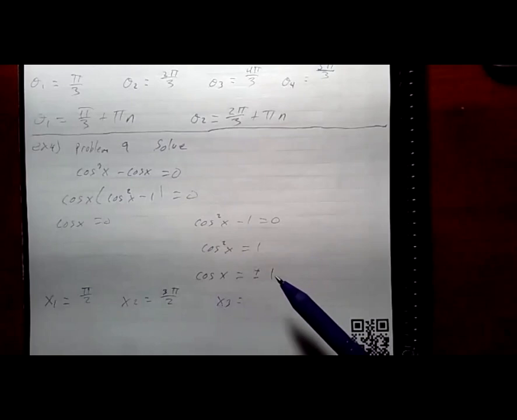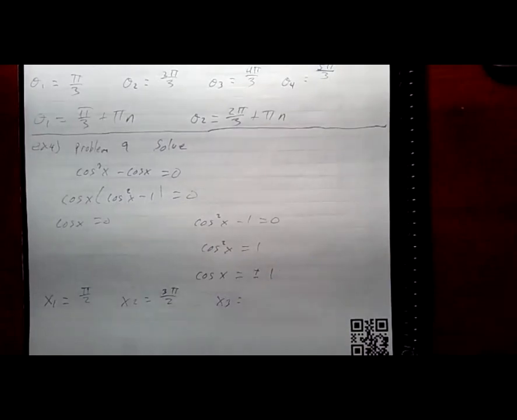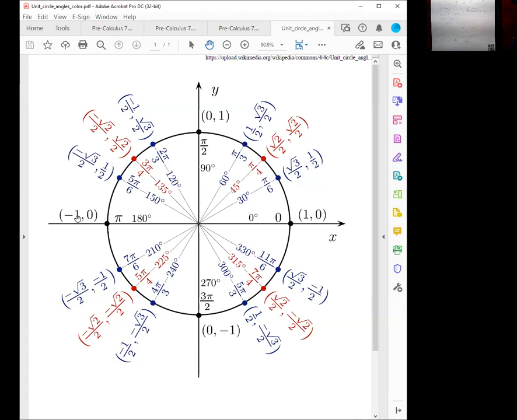So that's these two for this first one. Now, where are we 1 and -1? We could do the calculator again, or just look at your circle. 1 and -1. So 0 and 180.